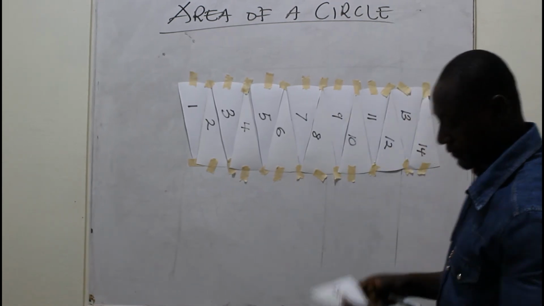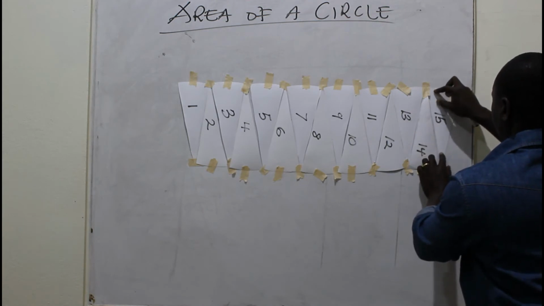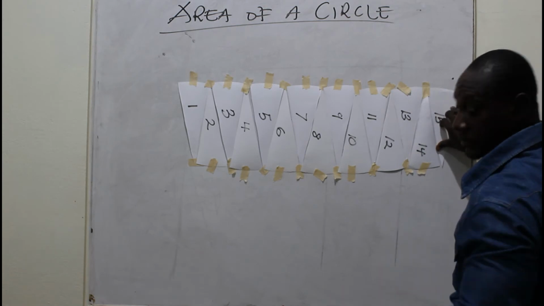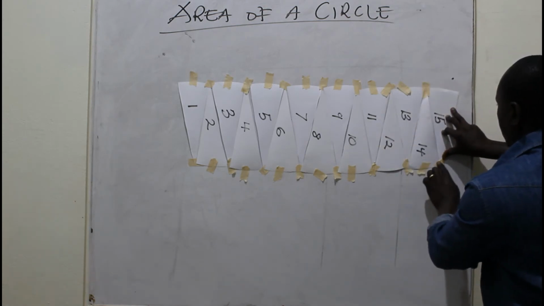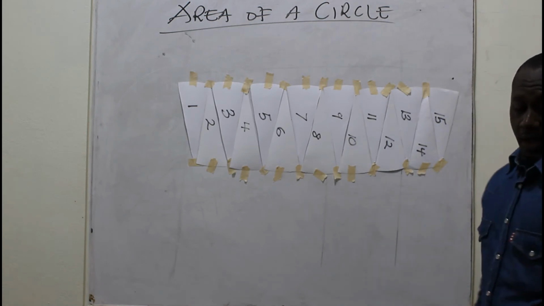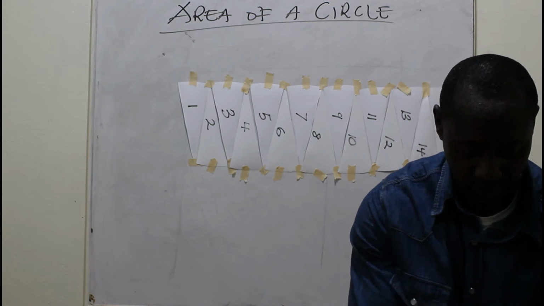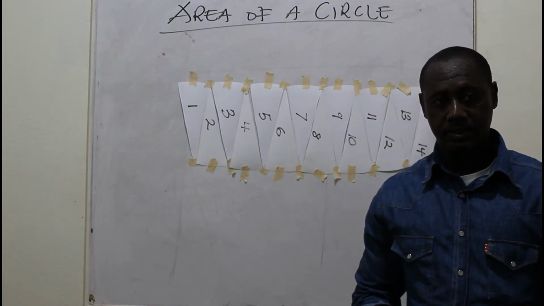Then 15. Now, the 16th last one, you're going to divide it into two equal parts. Okay?